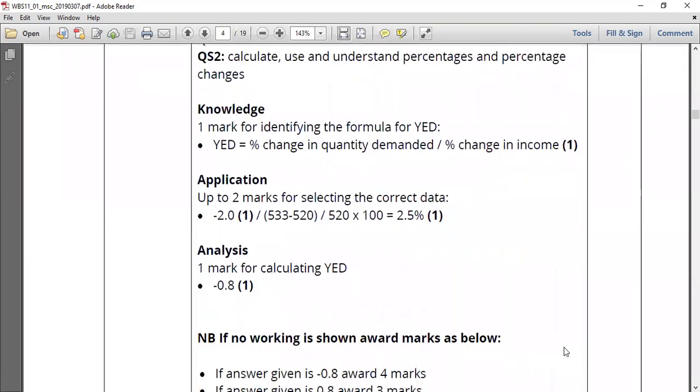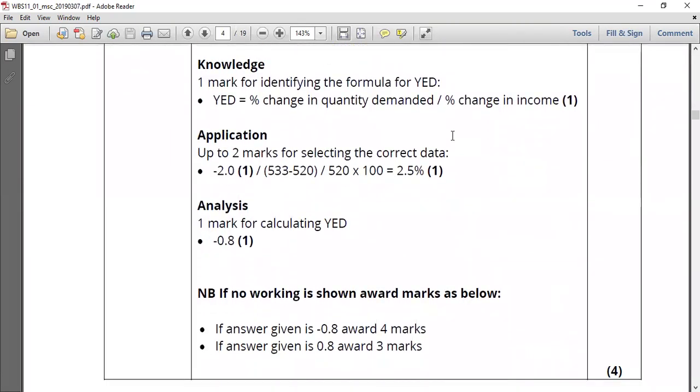In the formula, YED equals percentage change in quantity demanded divided by percentage change in income. So the answer is -0.8. The percentage change in quantity demanded is given as -2, demand going down. The change in income we find like this: final minus initial over initial times 100, that is 2.5%. -2 divided by 2.5% is -0.8.